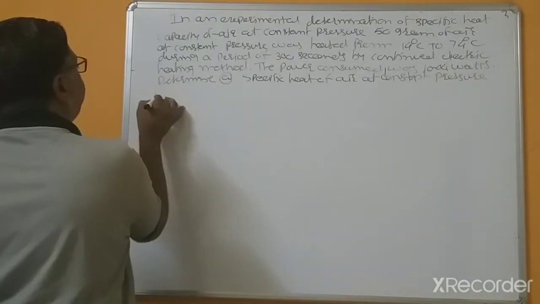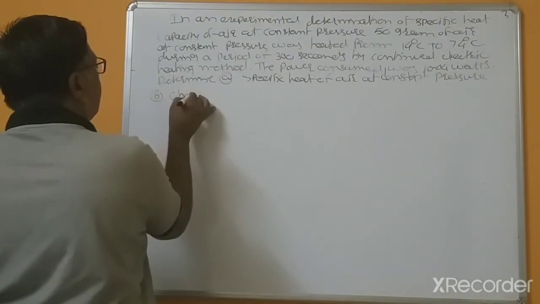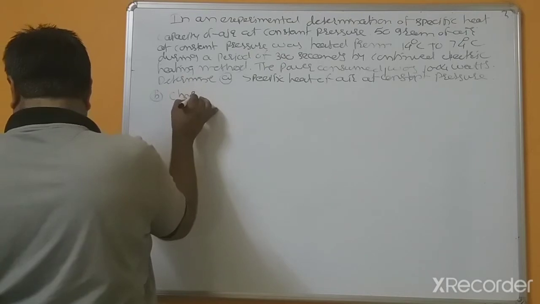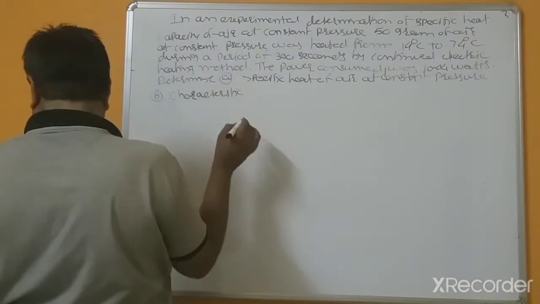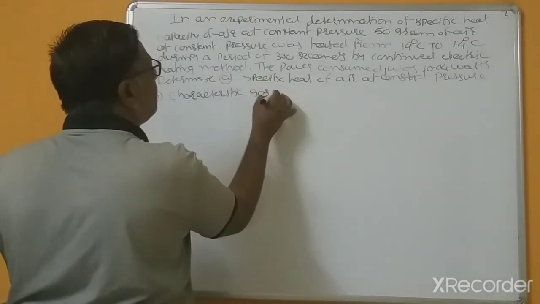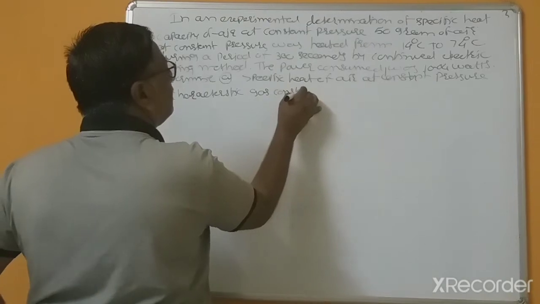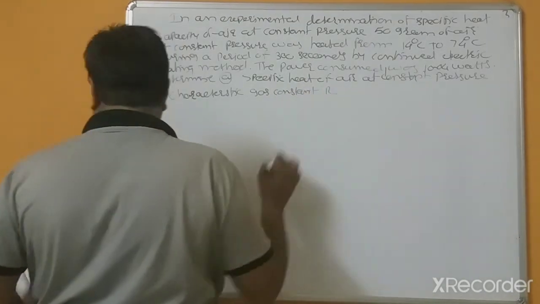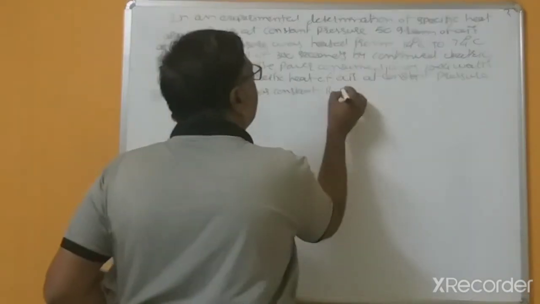B bit, the characteristic gas constant R for air.